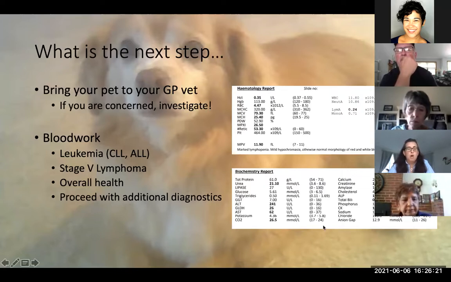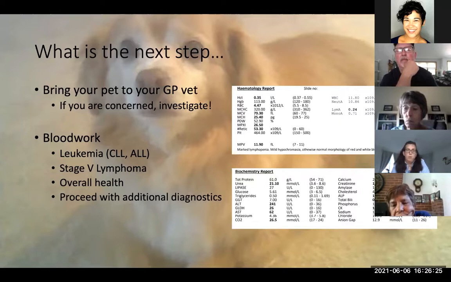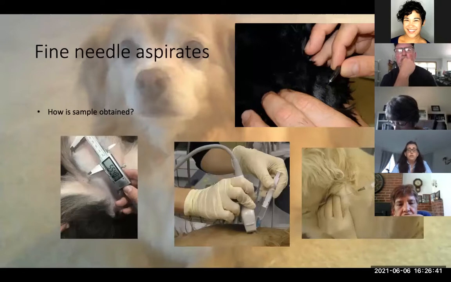So this may not tell us what cancer or what illness we have at that point, but it will help us manage and treat that pet from that point onwards. So it's really informative and helpful to have that information at the beginning, even though it didn't give us a diagnosis. The next thing we're going to do is something called a fine needle aspirate.